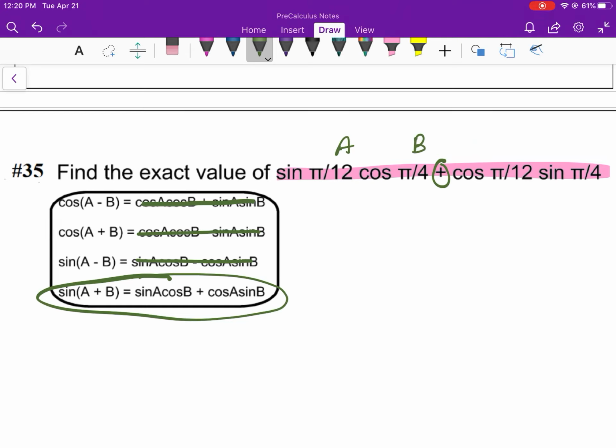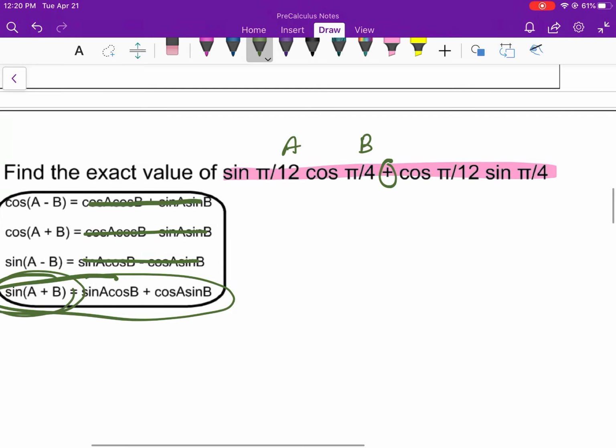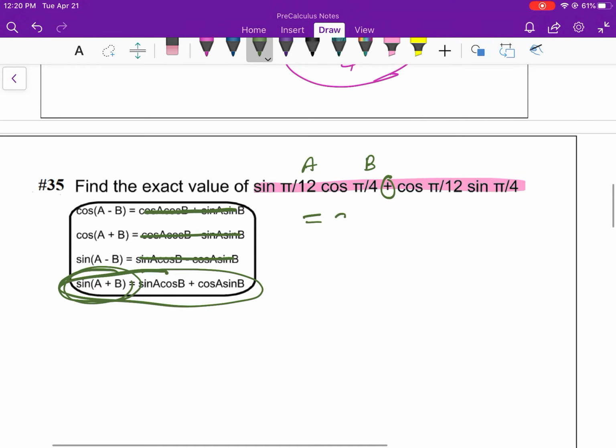And so I'm going to take it backwards, and all I need to do here is find sine of A plus B. So this quantity equals sine of pi over 12 plus pi over 4.